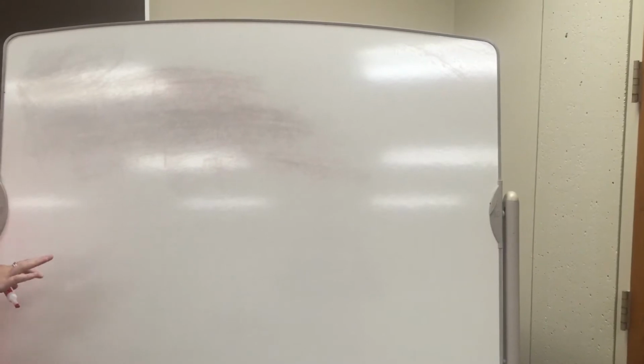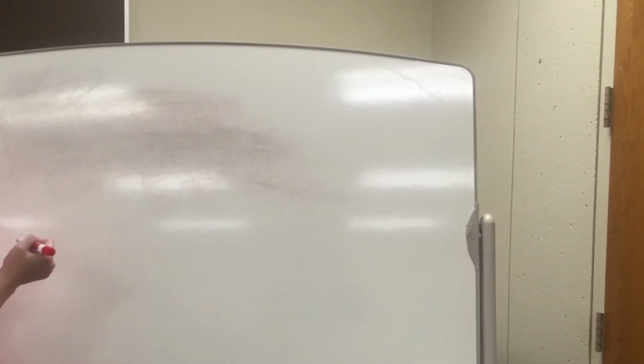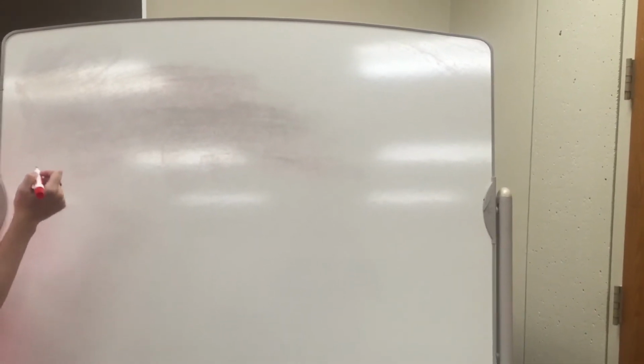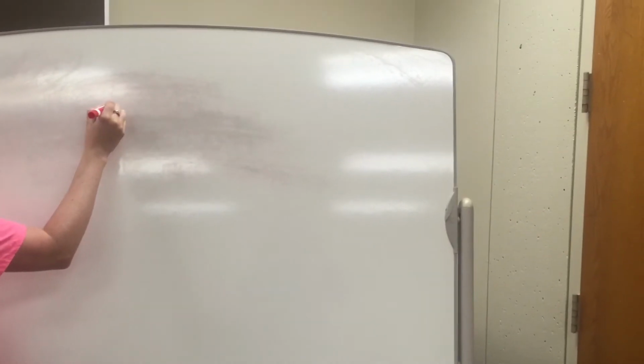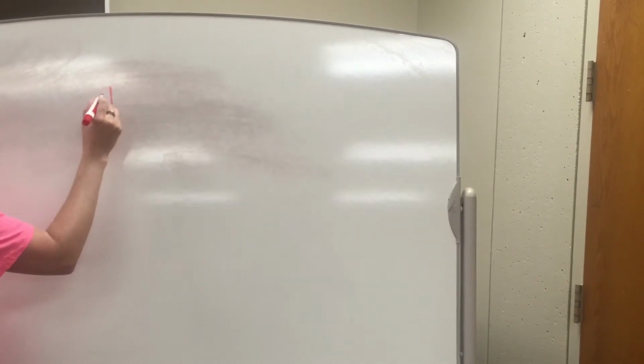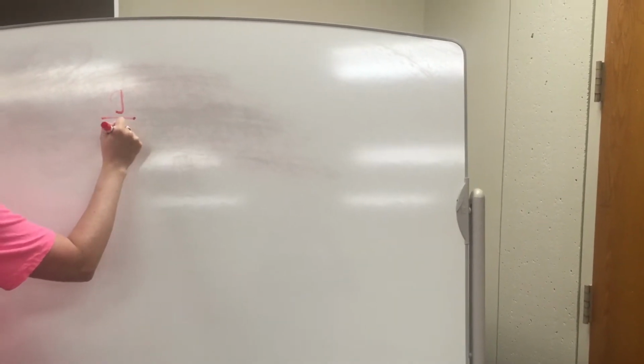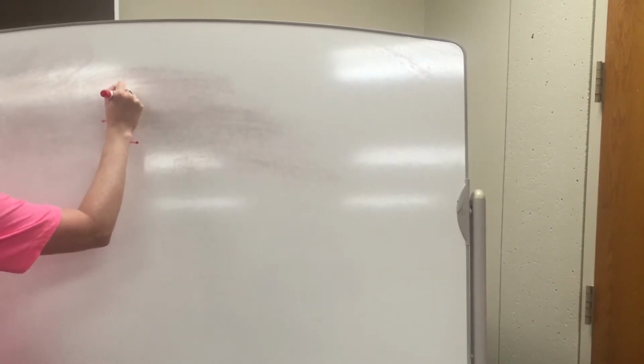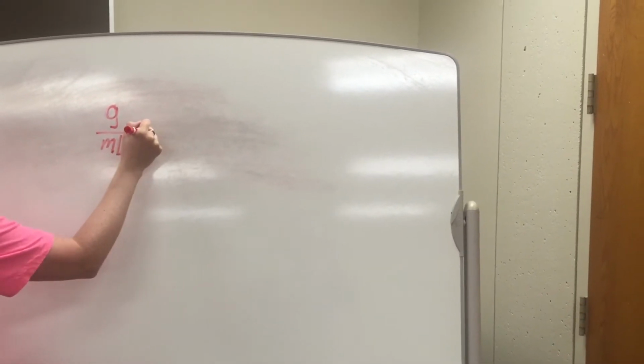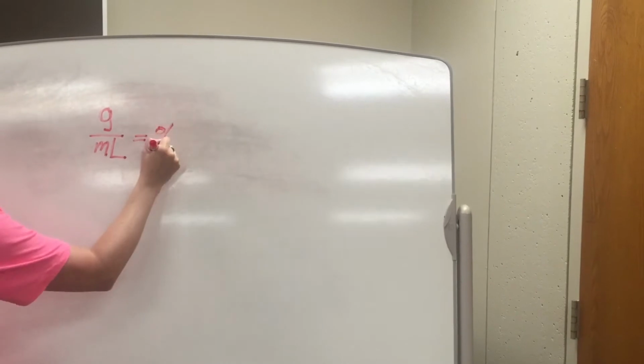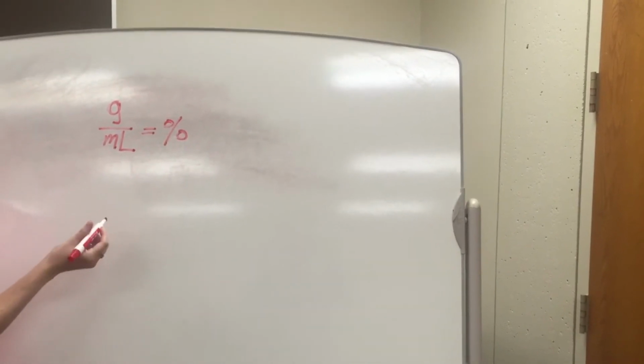So we wanted to explain another equation that's going to be important when you're solving different problems. Whenever you're solving a problem, if you're using weight and volume, you always want to start out using your primary equation. So you're going to put grams per milliliters, and then that's going to equal a percentage.